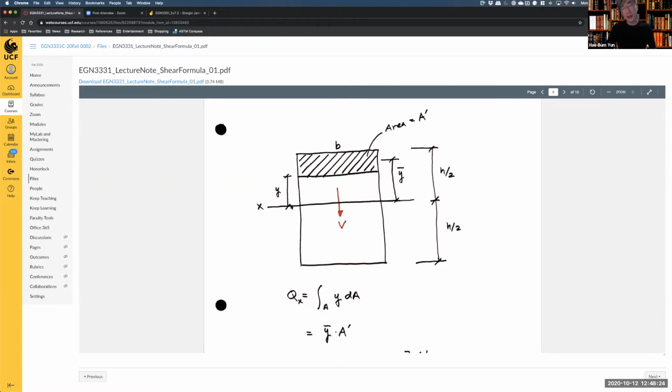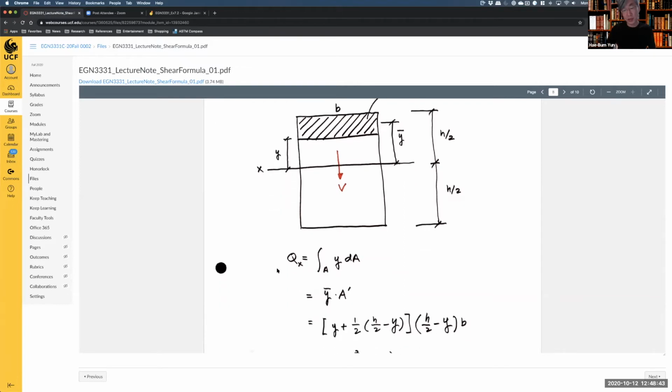The distance from the neutral axis to the center of this shaded area is Y bar, and the bottom of this shaded area is Y. Then Qx is equal to the integral of y dA, right?